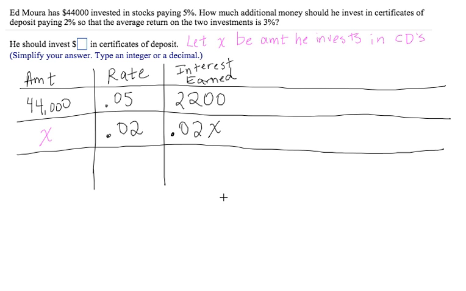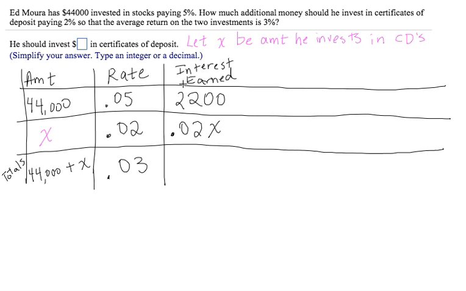Okay, now we want the average return on the two investments to be 3%, which means the total that he invests needs to earn 3%. So this is actually going to be a totals row here. So when we add the two amounts that he invests, $44,000 plus X dollars, that's the total amount he's investing. We want that amount to earn 3%.